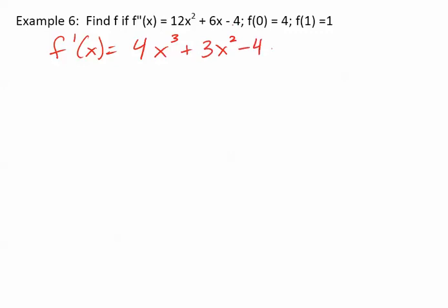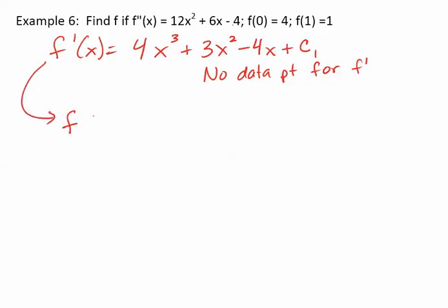This must have come from a negative 4x, and then we have to add a constant. Since this is only a first derivative, I'll put c1 so that the next time I can put c2. Which of these points can we use to find out what c1 is? We have no data point for f prime, so we'll have to proceed.